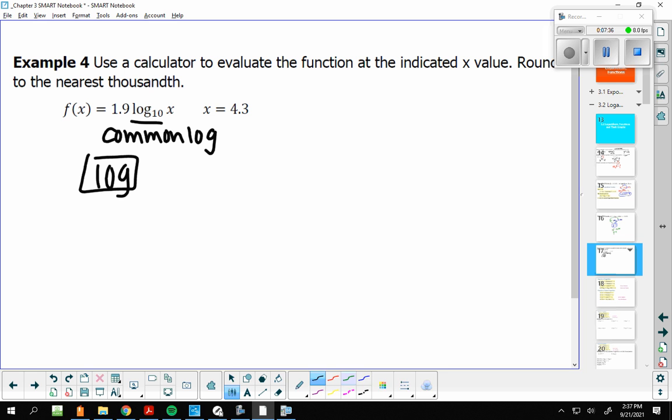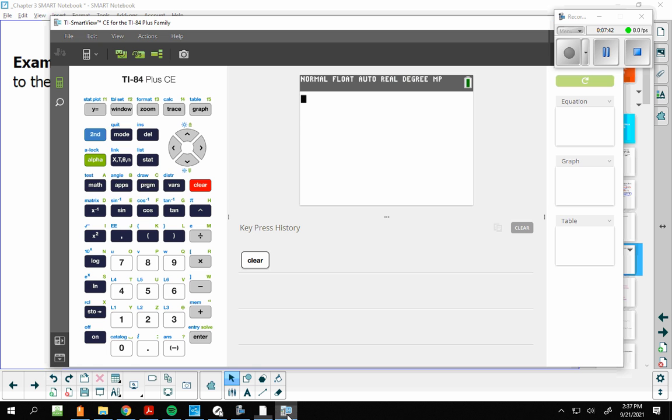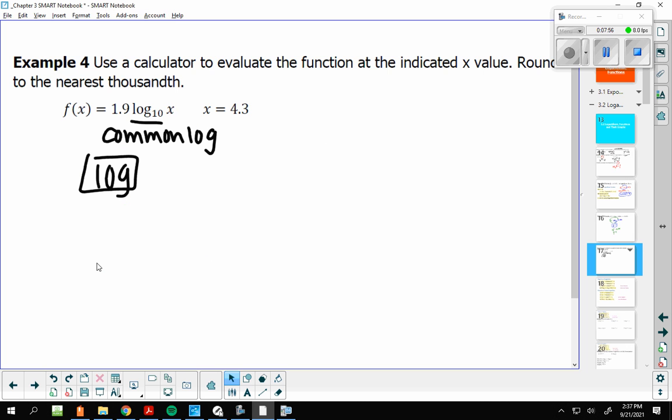Alright, so when we type this in, we're going to use that log button. So we'll plug in 4.3 for x. So we get 1.9. And then we use the log button, which is right here. Now it doesn't say base 10, but it's implied that it's base 10, because that's what the common log means.